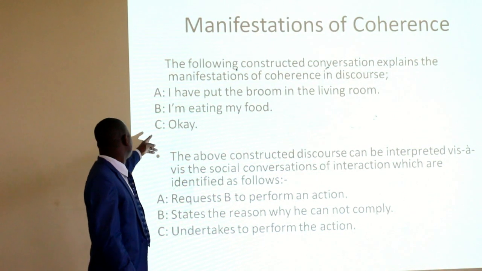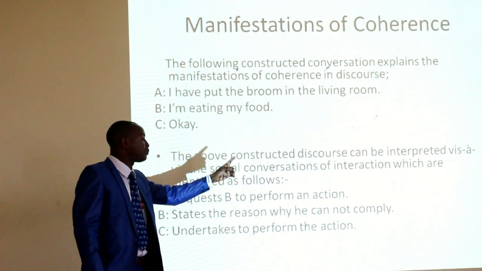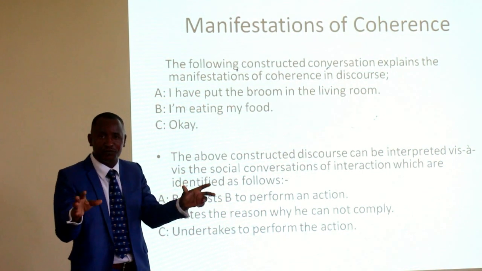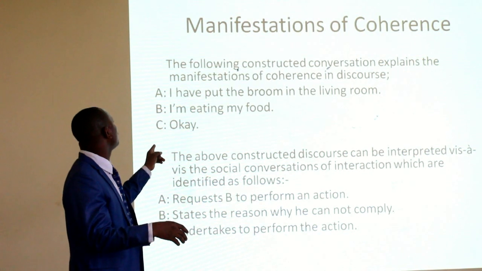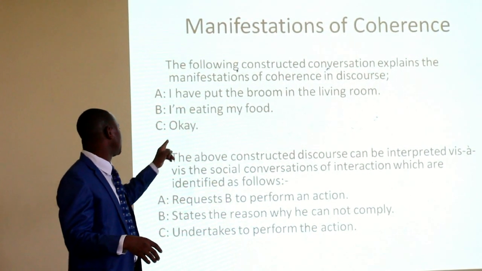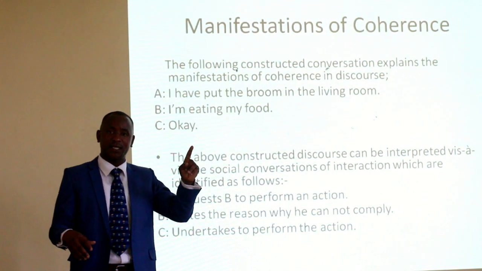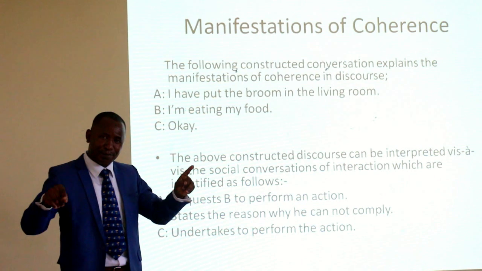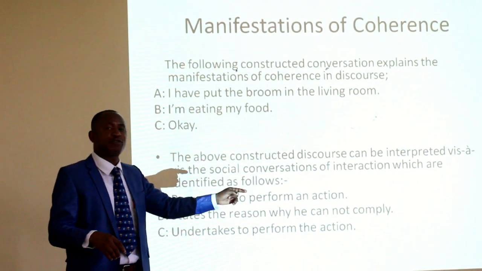And C, okay, this person undertakes to perform the action. So we have three people. The first says, I have put the broom in the living room. The other says, I'm eating my food, giving the reason why he cannot comply. And a third person says, okay, undertaking to perform the action.